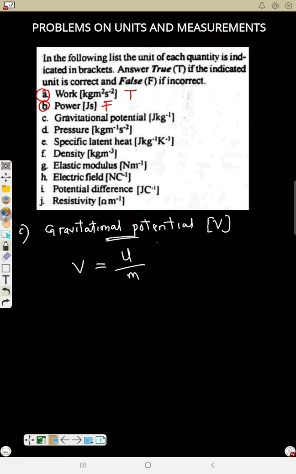So gravitational potential is energy or work done from infinity to a point. What is that, from infinity to a point?